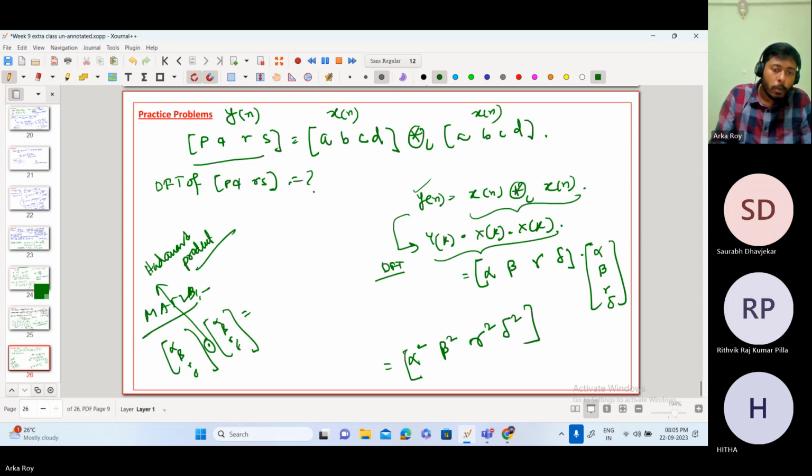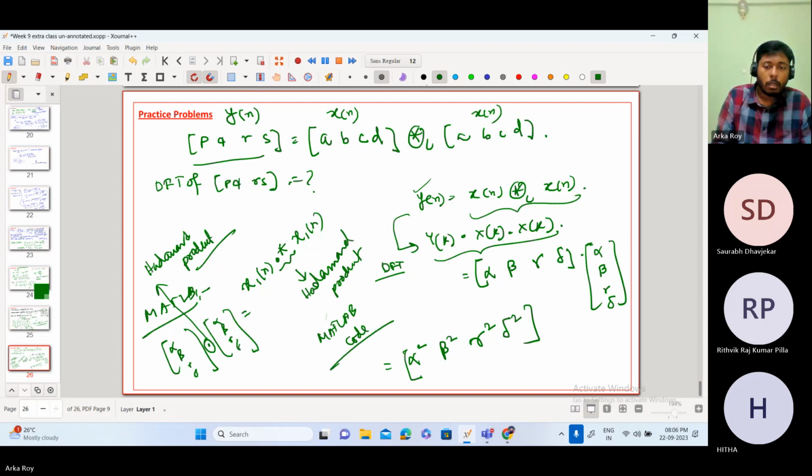So what we need to write is x1 dot multiplication x1. This will give you the Hadamard product in MATLAB code. So by this you will get the final answer, that is alpha square, beta square, gamma square, and delta square.